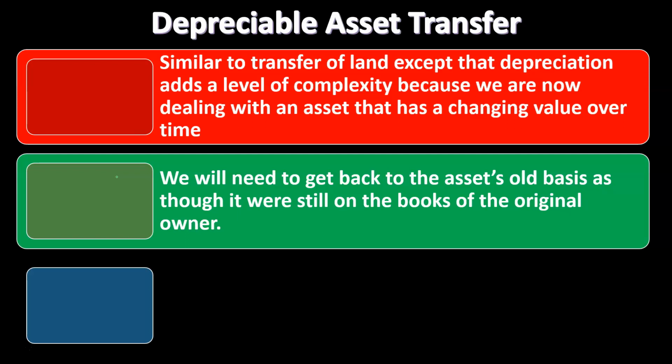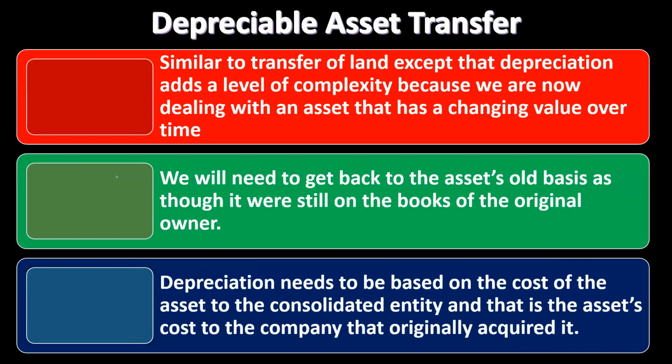So we're going to have to adjust both of those back to what they originally were, because the new purchaser is going to record it on the books at their cost, and they're not going to have any accumulated depreciation related to it. And then depreciation needs to be based on the cost of the asset to the consolidated entity, and that is the asset's cost to the company that originally acquired it. In other words, if we consider this as a consolidated entity, then you can't have a transfer to yourself.